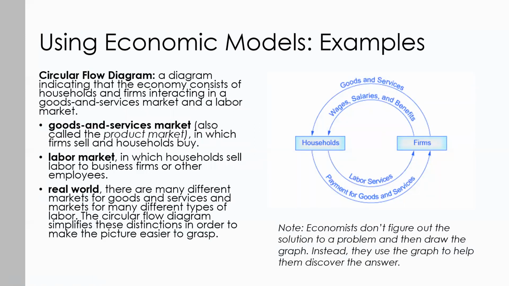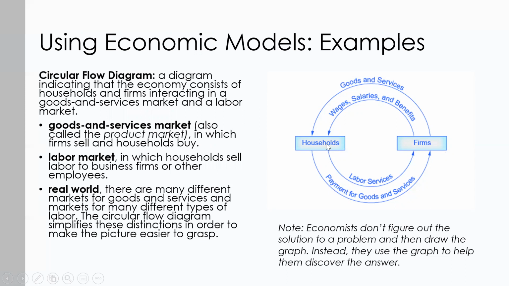Okay, for example here, this is one example of an economic model, the circular flow of our economy, wherein it involves the household and the firm. Household is the consuming portion of the economy, the consuming unit. The producing unit, we call it the firm. And these are the factors or resources involved in the circular flow diagram.